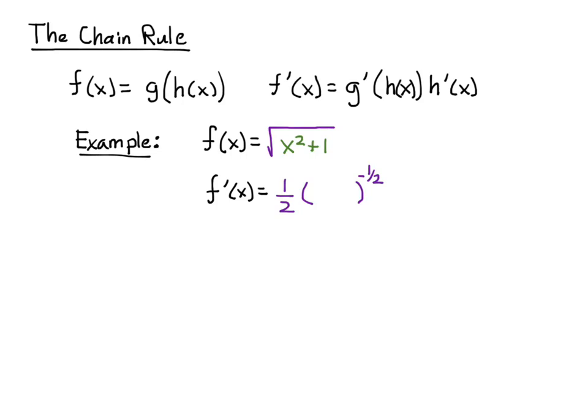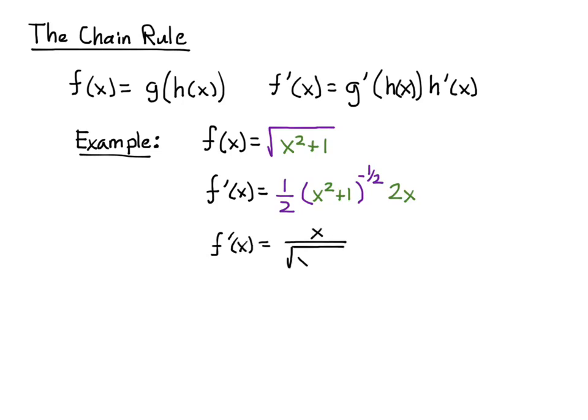So what the chain rule says is that I'm going to take the derivative of the outer function, which in this case is 1/2, and then whatever the inner function is to the negative 1/2. That's just looking at the derivative of this outer function. So I'm going to put in the inner function and then take the derivative of the inner function and multiply what I've just done by that derivative.